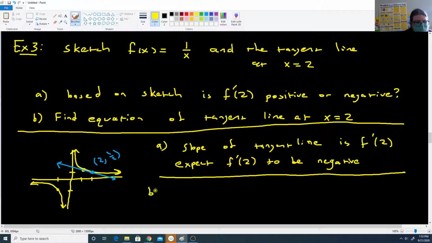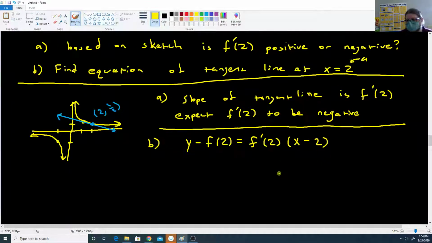Part B wants us to find the equation of the tangent line at x equals 2. So our a value in this problem is 2. We get y minus f of a equals f prime of a times x minus a, and again, a is 2.